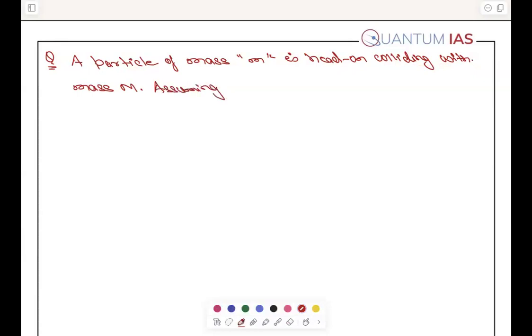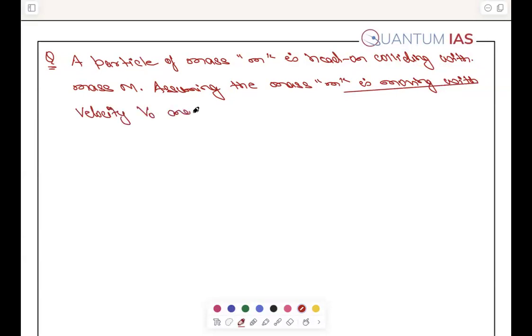Assuming the mass m is moving with velocity v naught and m is at rest.